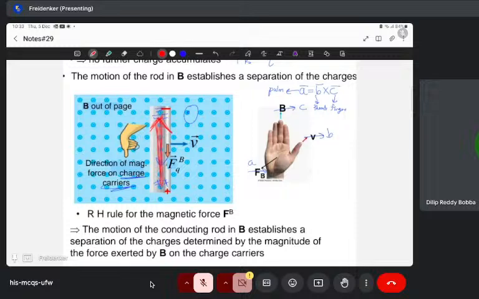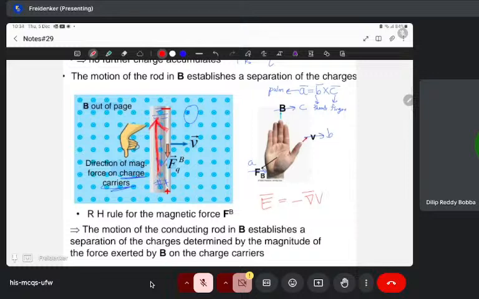No, no, no. Positive to negative is the... we know that E bar is negative of gradient of V. So this is at a higher potential, this is at a lower potential. So gradient of V will give you the downwards direction. So okay, yes, electric field will be in the upward direction.